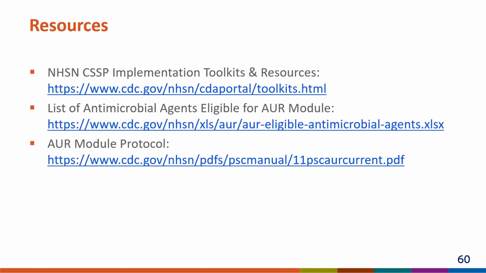You'll find the toolkits for AU and AR that contain all the information we talked about today, including the IDM and those extra workbooks. The list of antimicrobial eligible agents is linked on this slide. And then lastly, the AUR module protocol also contains a lot of really great helpful information, but is in a PDF format. Next slide, please.